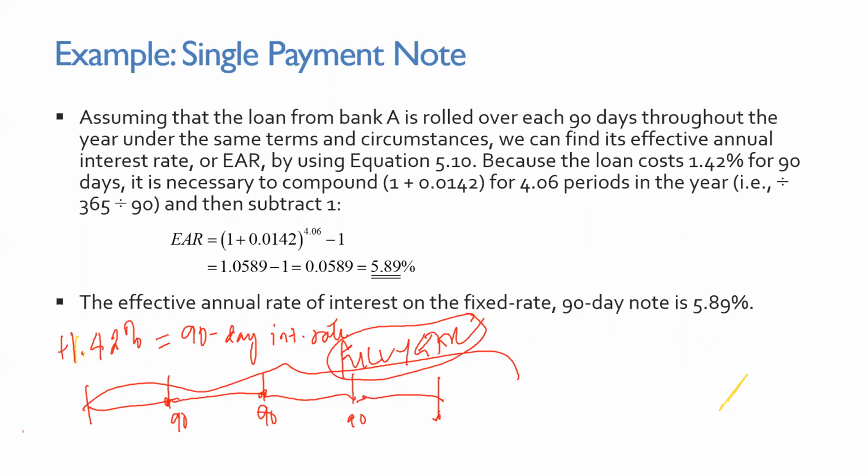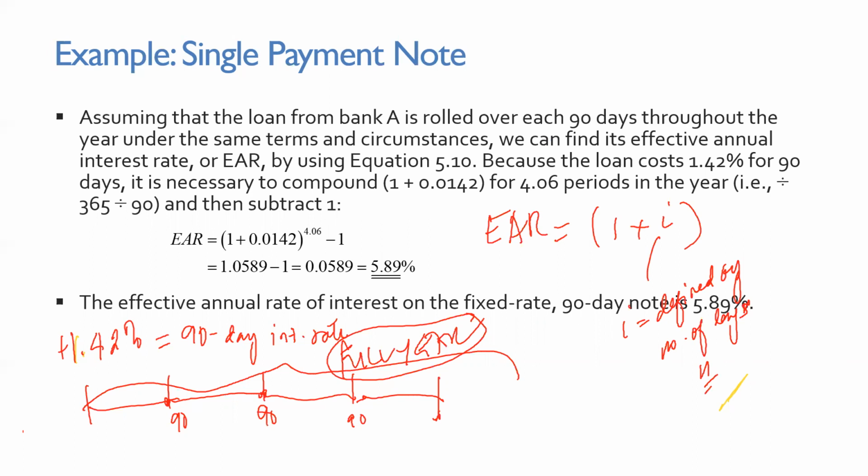How do you compute for it? The effective annual interest rate is equal to 1 plus the interest rate, okay, raised to an exponent, so for example, an interest rate here is defined by number of days, n. Okay. The exponent is 365 divided by n, which is the number of days for which this interest rate is applicable, minus 1.